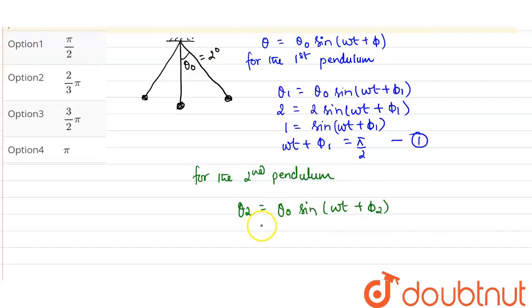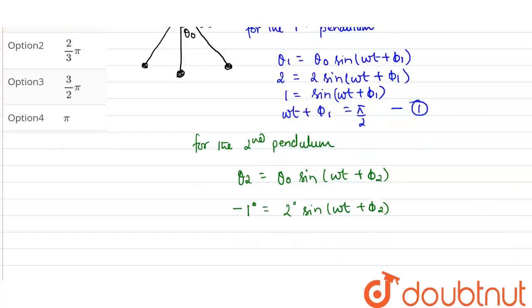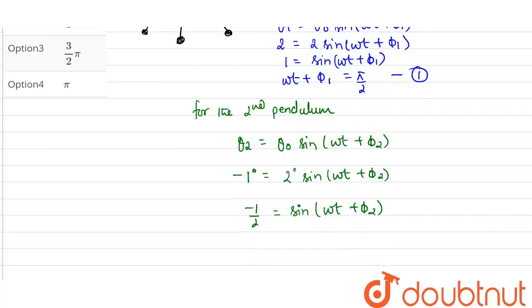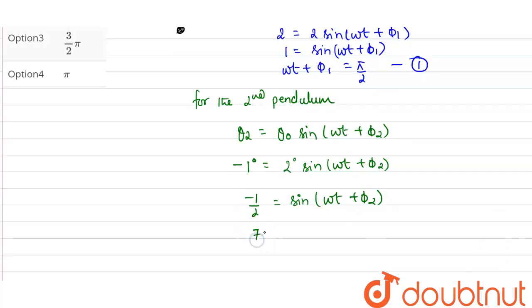Now the second pendulum is at an angle of 1 degree to the left, so it will be minus 1 degree equals 2 degrees sine omega t plus phi 2. Correct. So from here it will be minus 1 by 2 equals sine omega t plus phi 2. So from here it will be 7 pi by 6 equals omega t plus phi 2.